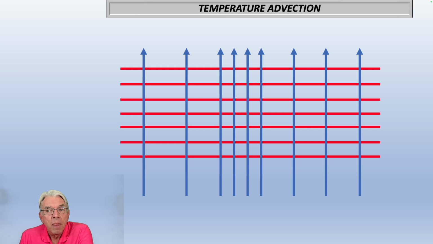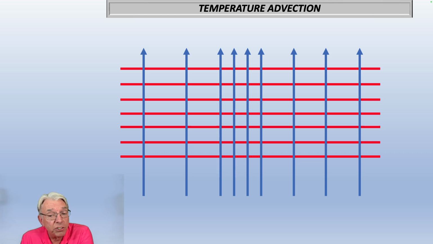Now, there are times where these two will cancel each other. For instance, you may have a big trough in the upper atmosphere approaching from the west, but a cold front has already passed. And so you have strong vorticity advection ahead of that trough, but you're in strong cold advection because the front has passed and the cold air is pouring in.